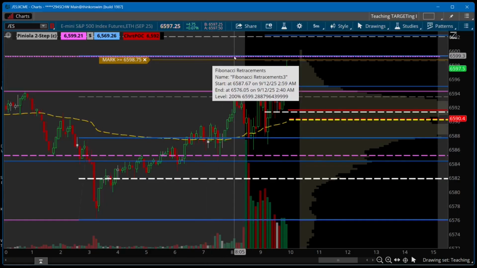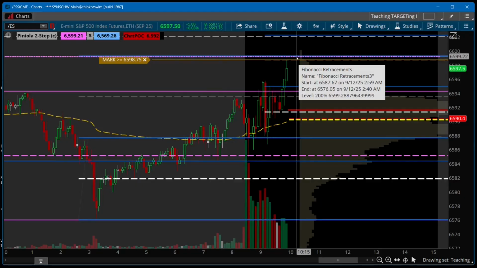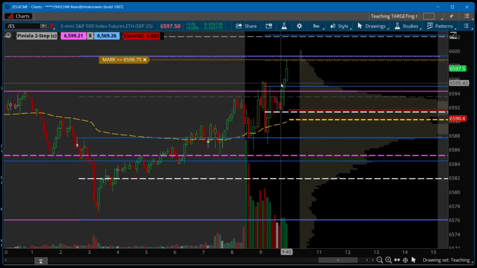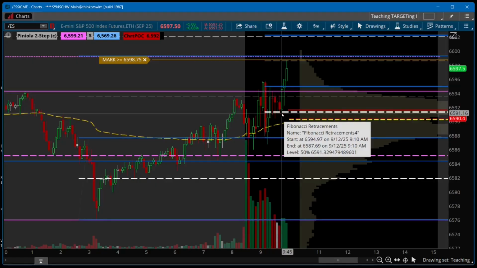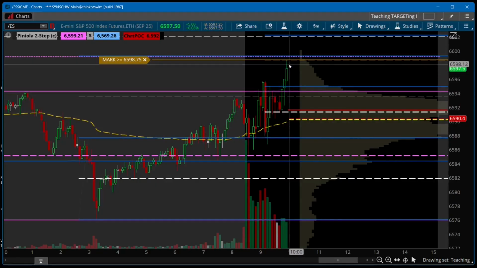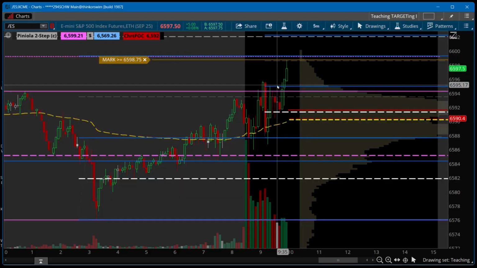And the 2 is right here, so it should come up in this area and at least tag it. It's also the 1.5 from this move, which it came back to the 0.5. And that leaves me with my first target as the 1.5 from this move. So you have three things right in this area.